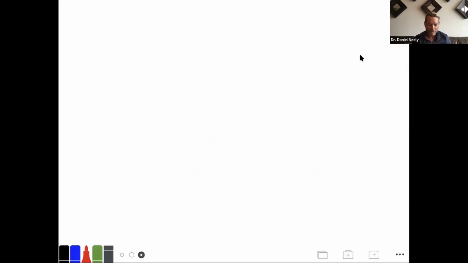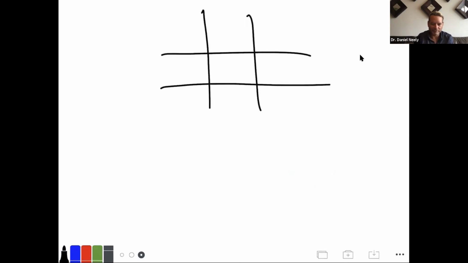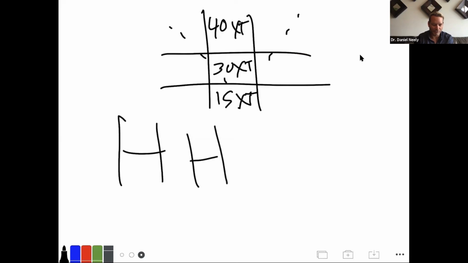Now, what if you don't? What if you have, let's just say, a V pattern XT? So they're like 40 XT, 30 XT, 15 XT. All right, so they've got this V pattern, but the motility looks normal, looks full.